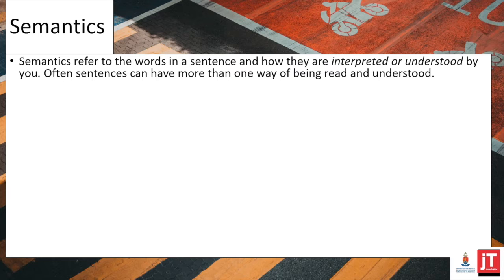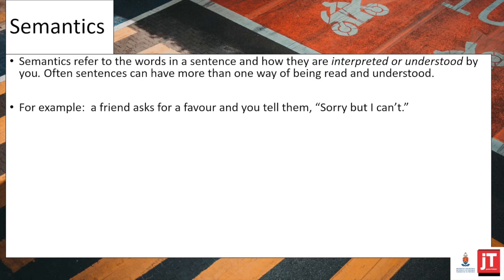Okay, so everything's fine. The grammar is fine, the punctuation's fine, the syntax is fine. But what the writer or the speaker meant to say is being interpreted differently by the reader or the receiver of the sentence. Okay, so how you interpret it. Often sentences can have more than one way of being read and understood.